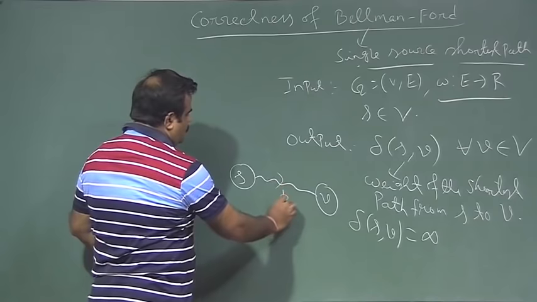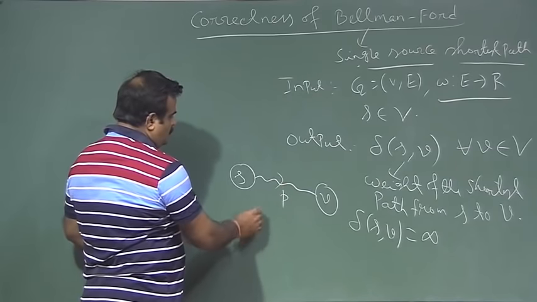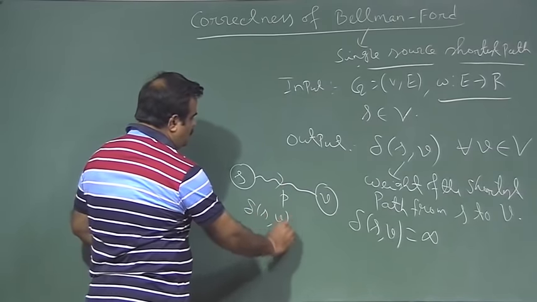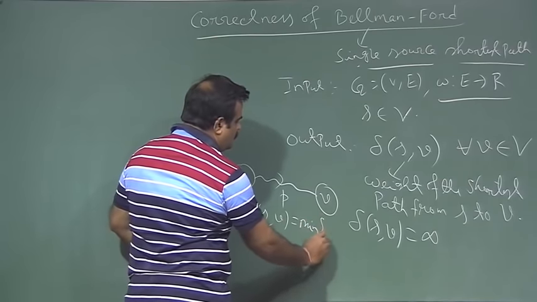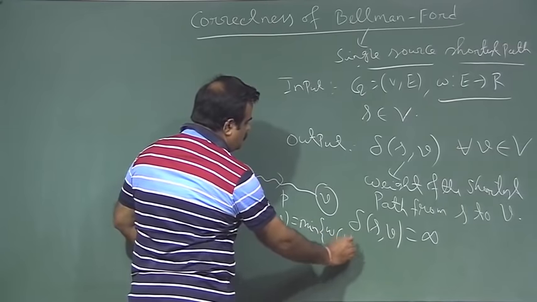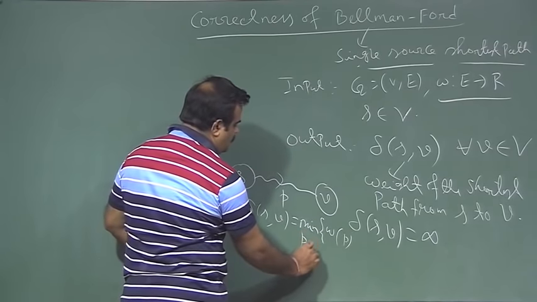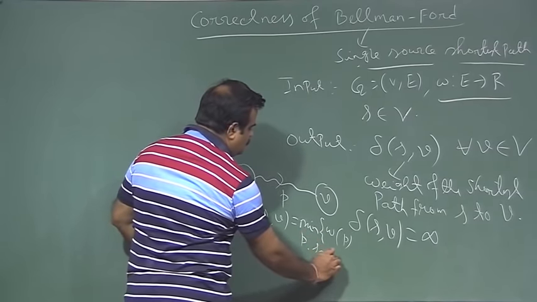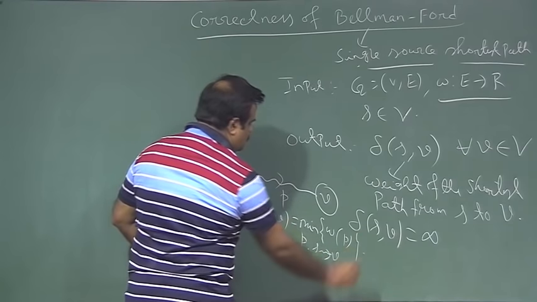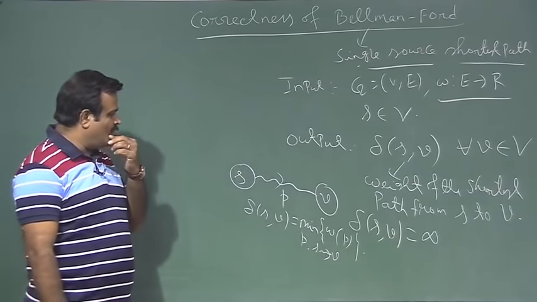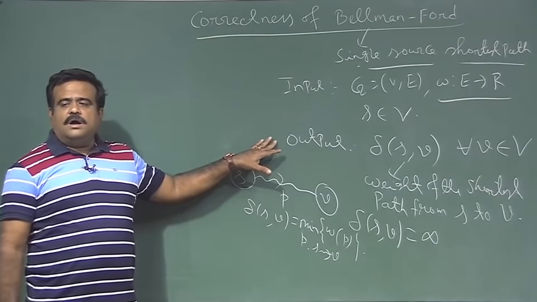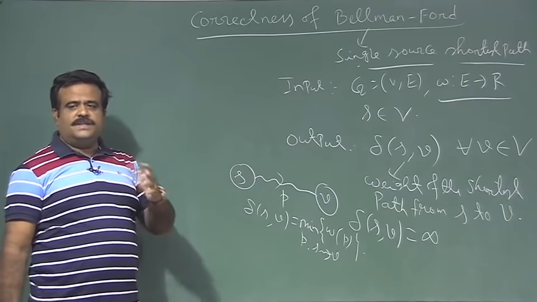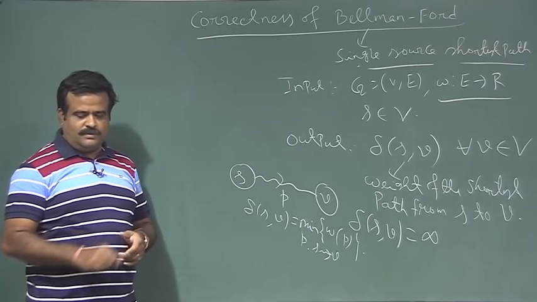Otherwise, for a path P which is the shortest path, delta of S comma V is basically the minimum weight among all the paths from S to V. So this is the shortest path weight from S to V. We have to find the shortest path from S to all other vertices. That is the problem.